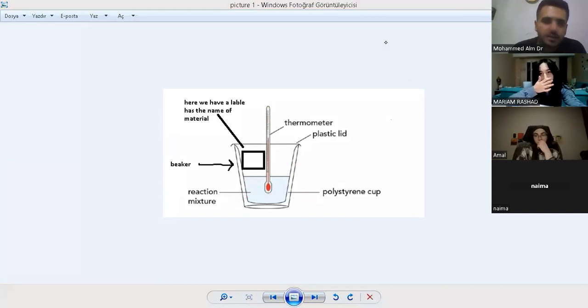So who remembers, guys, how did we perform this experiment? Look, we have steps. You don't memorize the steps, but you should understand them.